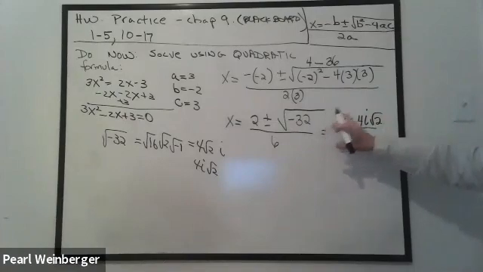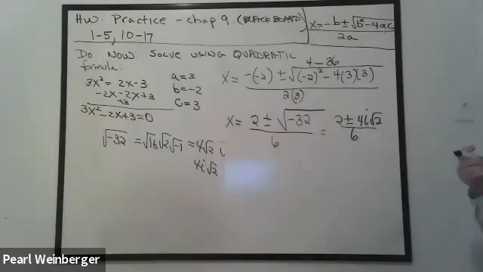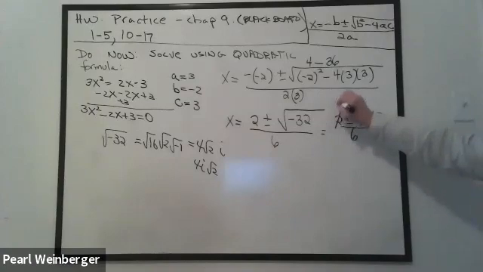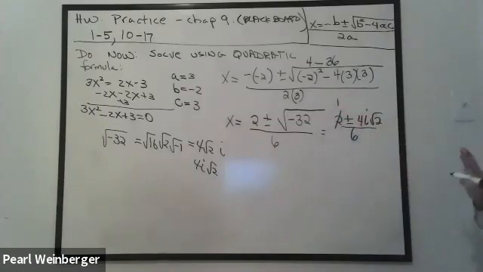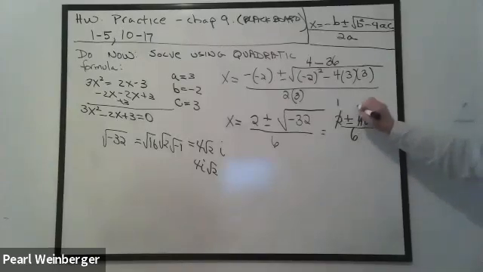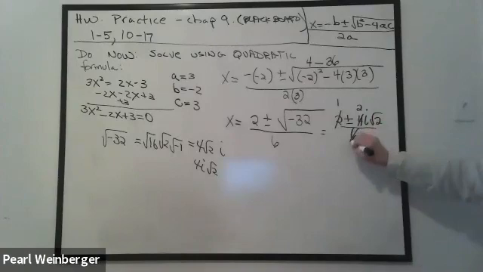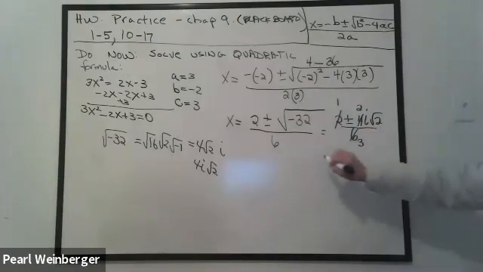I have the 2 here, I have the 4i radical 2 here, and the 6. And there is a number that goes into all 3 of those, and that's the number 2. So 2 divided by 2 is 1. Don't just drop it. You're dividing 2 by 2, it gives you 1. 4 divided by 2 is 2, and 6 divided by 2 is 3.